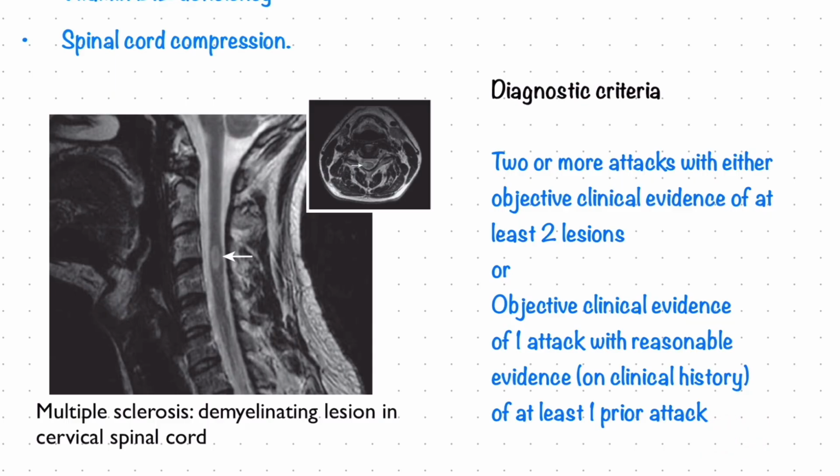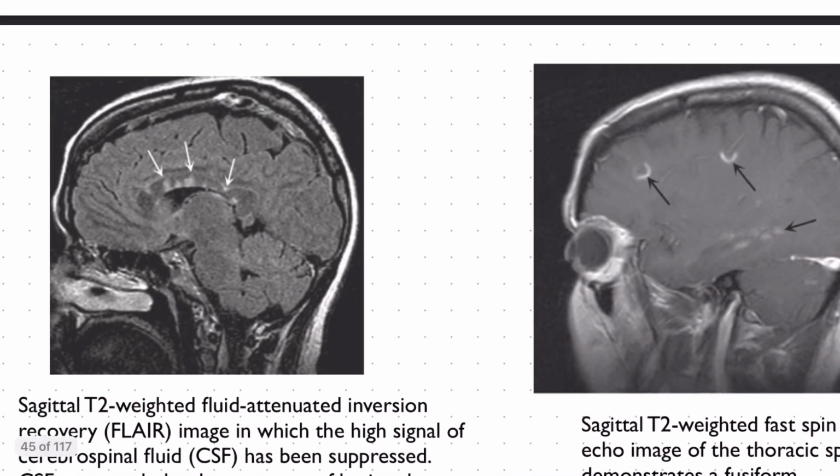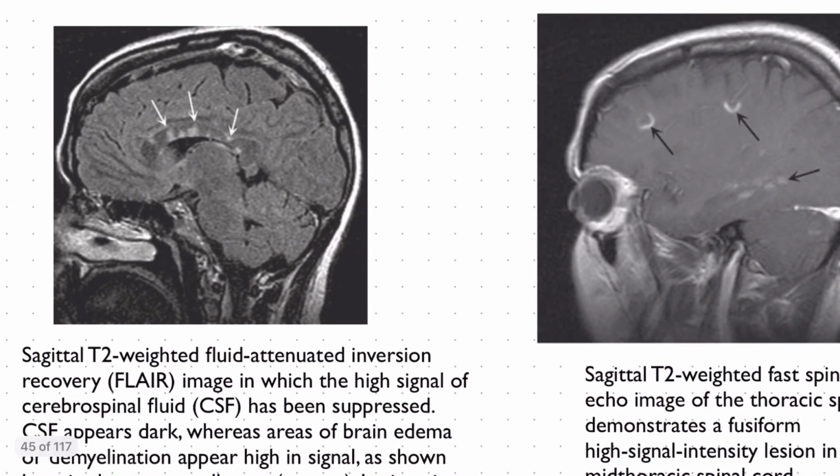And let's see how the lesions look. You can see that here the demyelinating lesion is present in the cervical spinal cord, and this could indicate MS. You'll see more lesions like this.